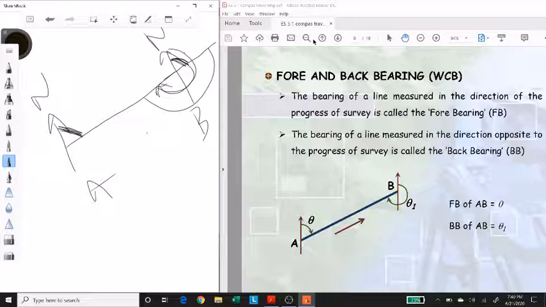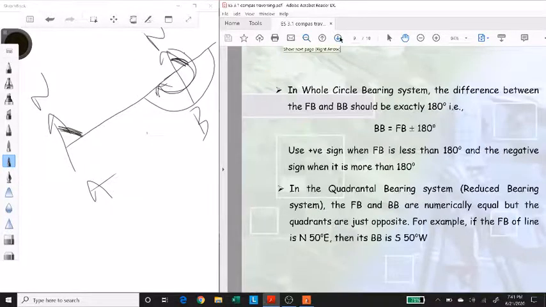So this is how the difference between forward bearing and a back bearing of the same line is always 180 degrees. And this is actually a check whenever you perform survey in the field and whenever you take the forward bearing and back bearing of a straight line. So the difference between the two should always be plus minus 180 degrees. If it isn't, that means either you performed it incorrectly or there are some other errors that we'll talk about in a short while.